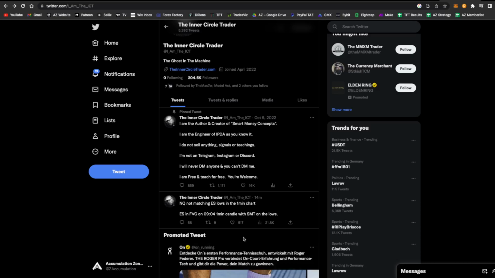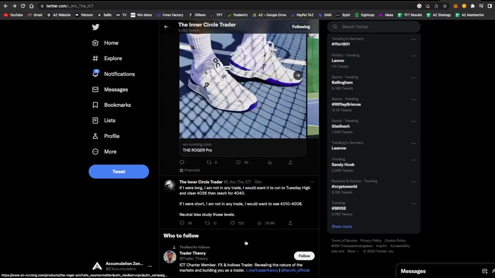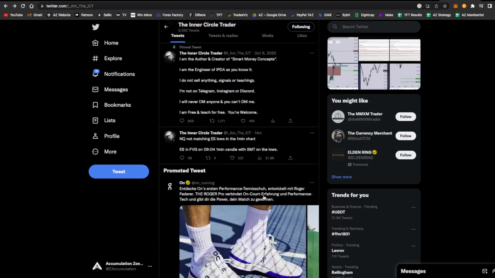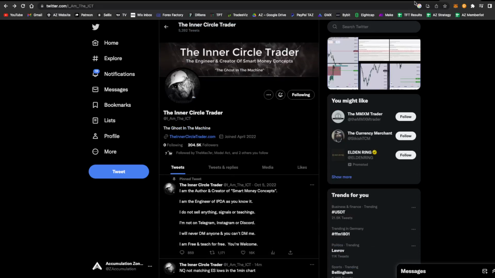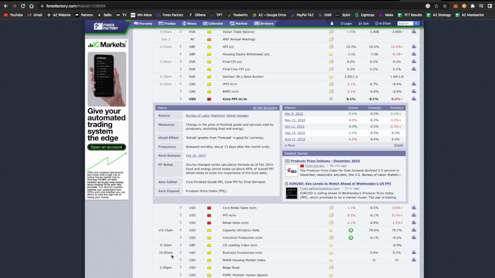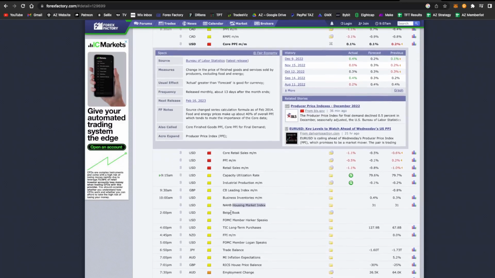Yes, a fair value gap on 9:04, 1 minute candle with S&T on the lows. Yeah, that's about right. Okay, we already have those levels drawn on our chart, so there's nothing really new. No more news up until, okay, 9:15 a.m., 9:30 a.m. GDP, CB leading index. Then at 10 a.m., so in the next 30 minutes, we get business inventories and the NAHB housing market index.